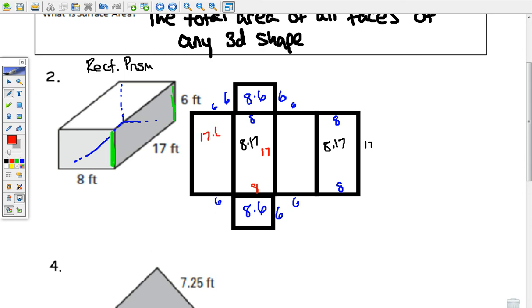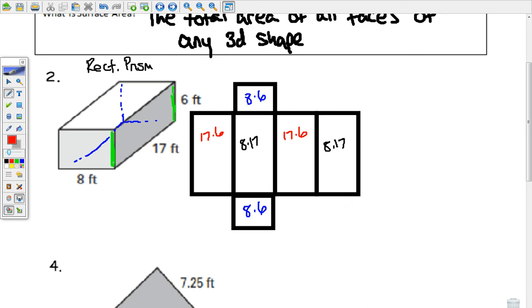So 17 times 6. So if we add all these things together, we'll get the surface area. So go ahead and calculate those distances here, or those areas. I'll get rid of all the extra numbers we don't really need right now. And then you're adding up all those areas.